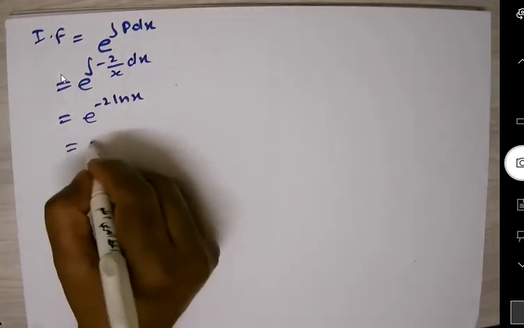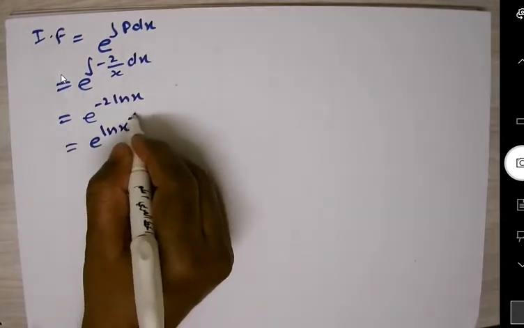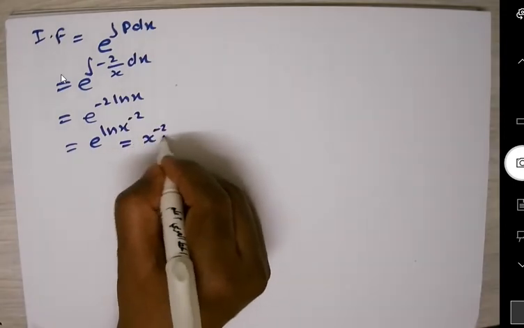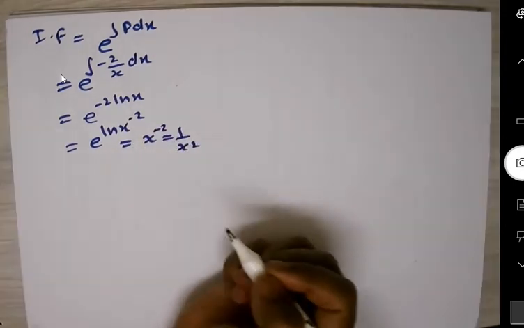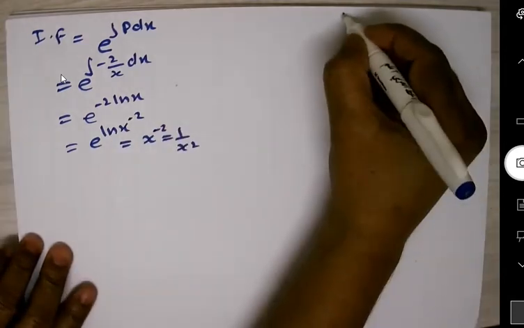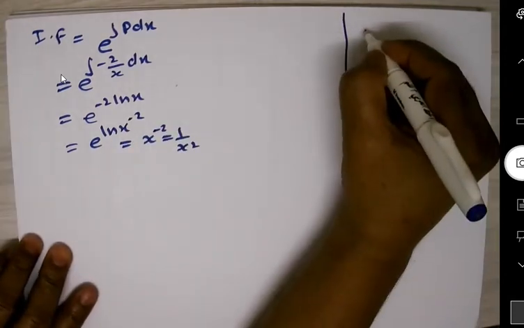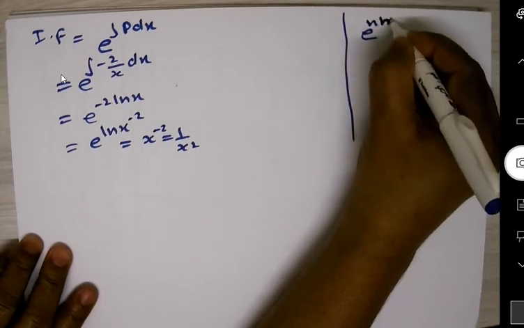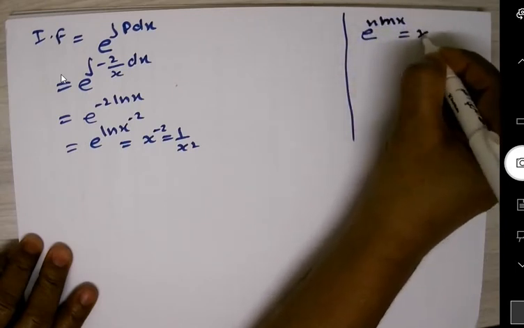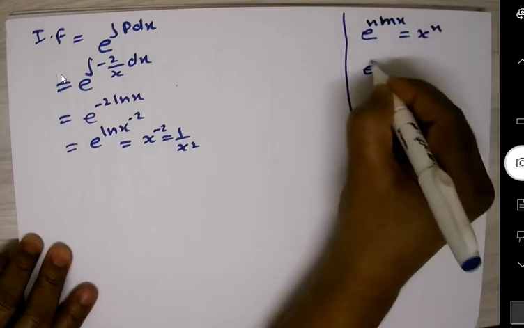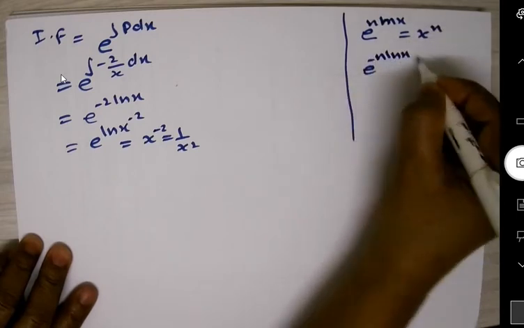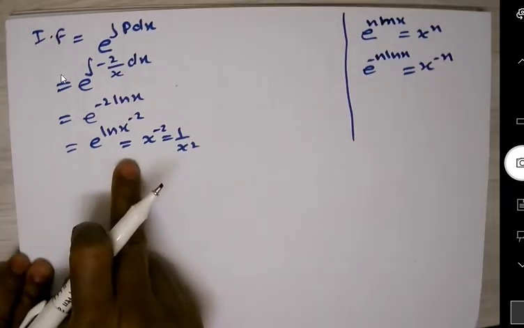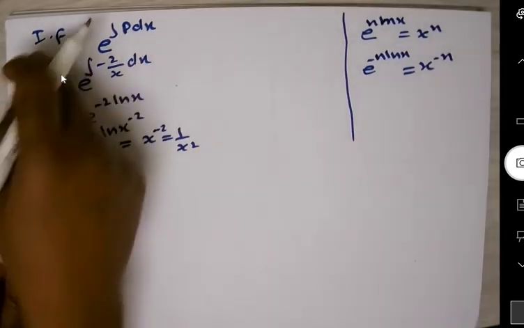Now we can write it e power ln of x power minus 2, so x power minus 2 or 1 divided by x square. From where do we get this? Maybe some student knows. I am telling you, e power n ln of x equal to x to the power n, and e power minus n ln of x equal to x to the power minus n. Using that concept, I got this result. Now this is your integrating factor.